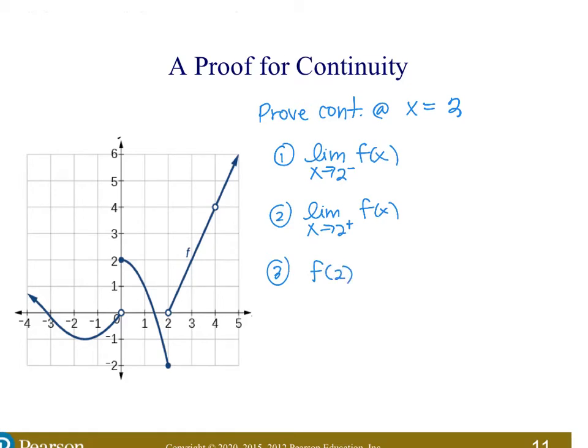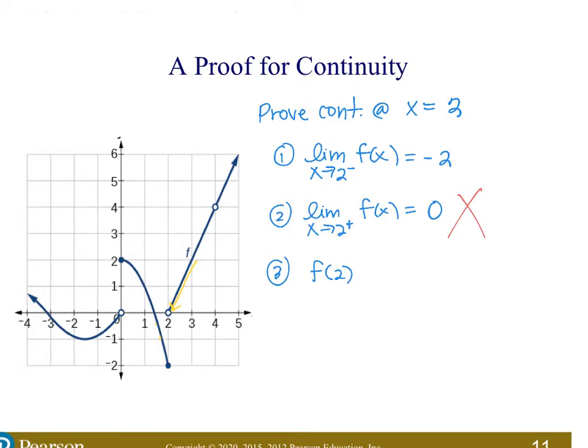So looking at 2 from the left, that one's heading down and approaching the closed circle at -2. If we're approaching 2 from the right, we're also heading down, but we're approaching the open circle at a value of 0. That's an automatic failure in the first 2 steps.